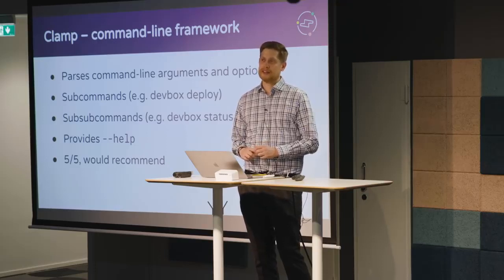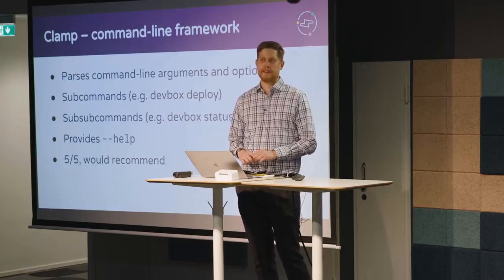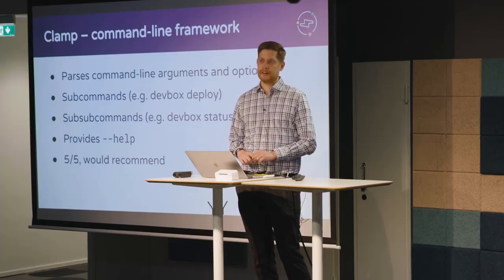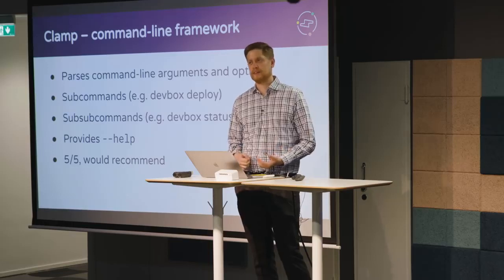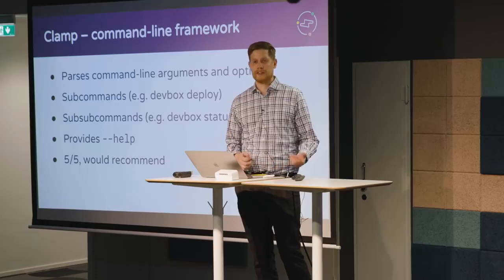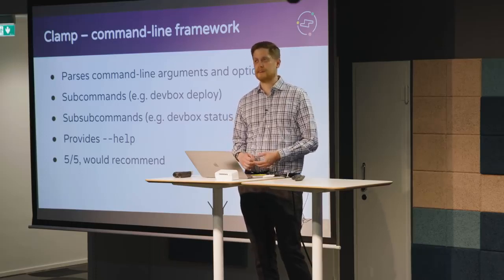But eventually, it was quite obvious that having a good structure is really helpful, and using Clamp gives us many nice things for free. The basic functionality is that Clamp parses command line arguments and options, and then runs some commands that you defined as subclasses of Clamp::Command.